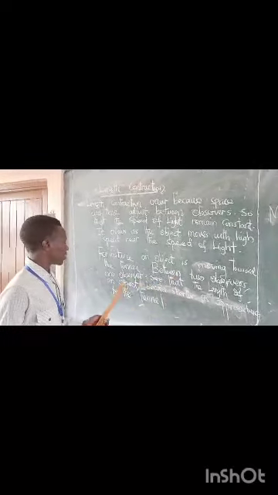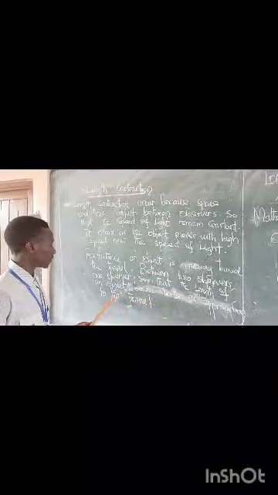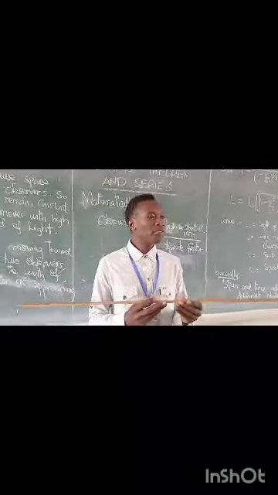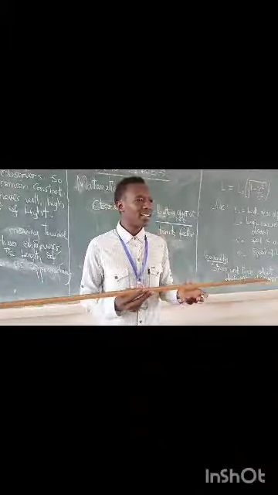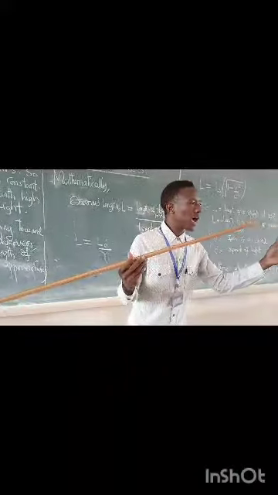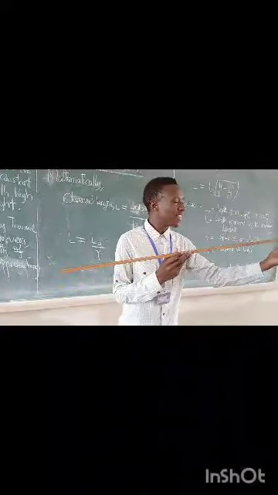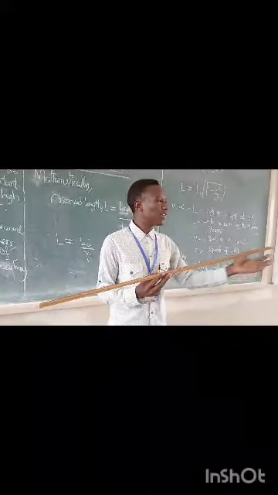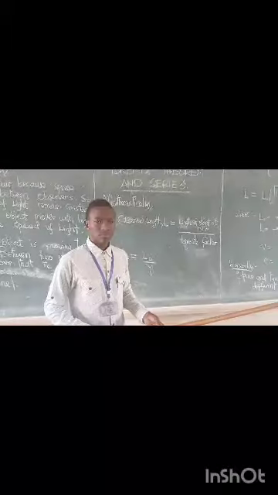An object is moving towards the tunnel. Between two observers, one observer sees that the length of an object becomes shorter as it approaches the tunnel. What does it mean? We have an object moving toward the tunnel, and we have two observers. The first observer will see that when this object is approaching the tunnel, its length becomes shorter, while the other observer observes that the length of this object coming to the tunnel is the normal, or the proper length.